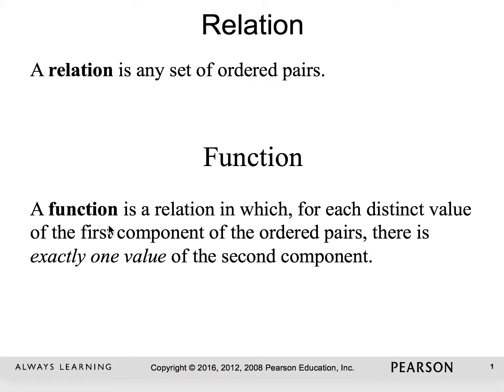A function is a relation in which for each value of the first component, there's exactly one value of the second component. Okay, so a function is a set of pairs x and y where for every x there's exactly one y.